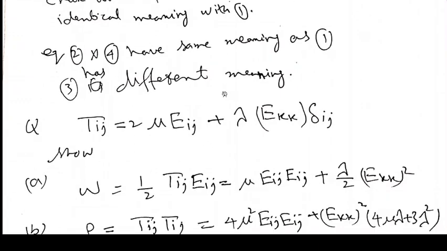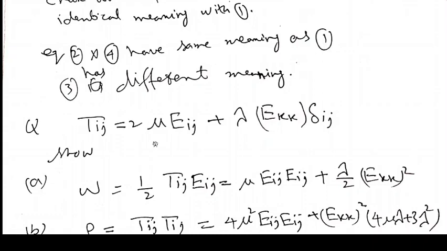Another question. Now if you have this type of equation, Tij equals 2 mu Eij plus lambda Ekk delta ij. T, E, lambda, delta, these are some quantities. Mu and lambda are scalars.